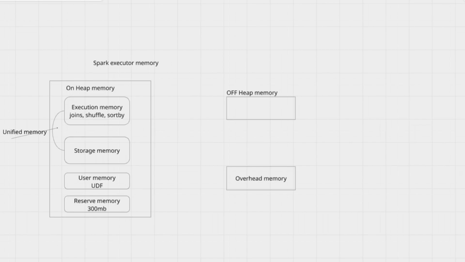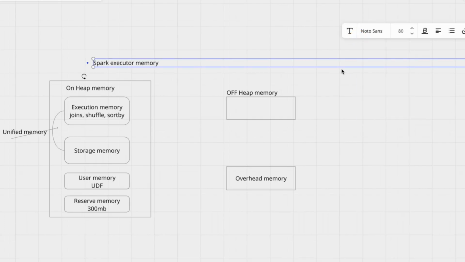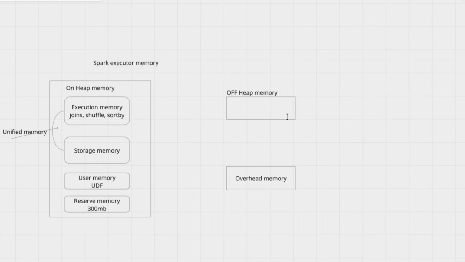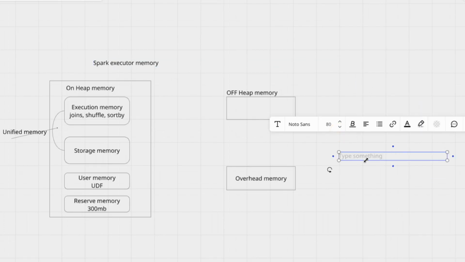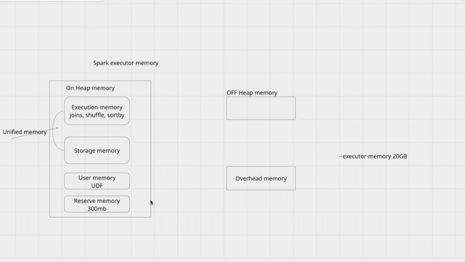Okay. So I'll start with one of the memory parameters. I'll write it here: executor memory. For example, I have set executor memory as 20 GB. So internally, 20 GB is being assigned to this JVM container.